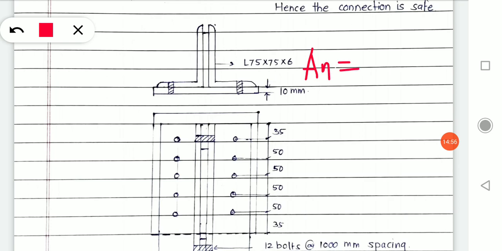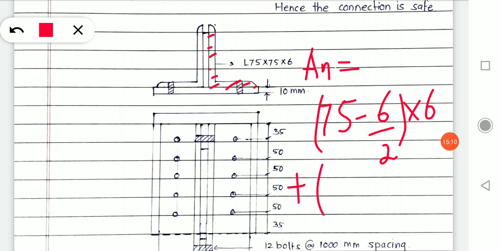AN will be, if I choose this angle, the outstanding leg will be 75 minus 6 by 2 into thickness 6, plus the connected leg will be 75 minus 6 by 2 minus 22 into 6.